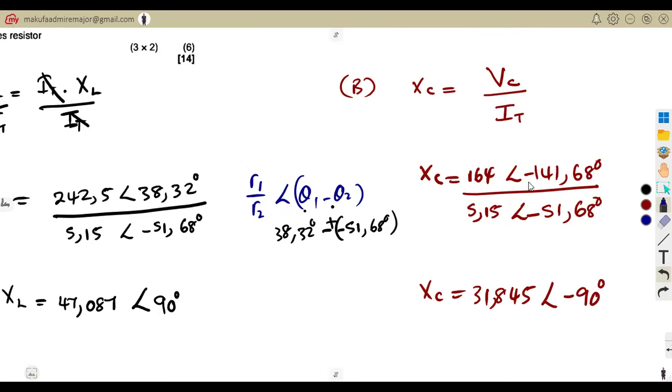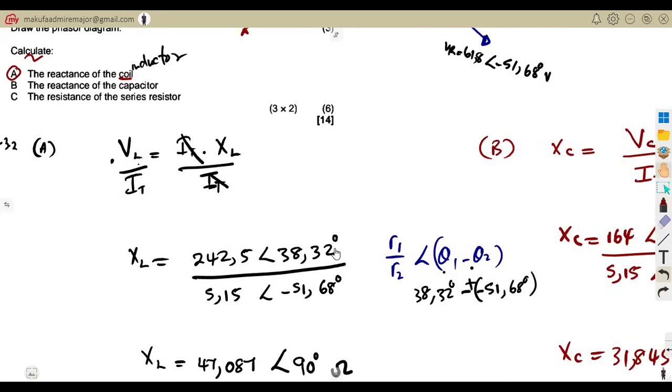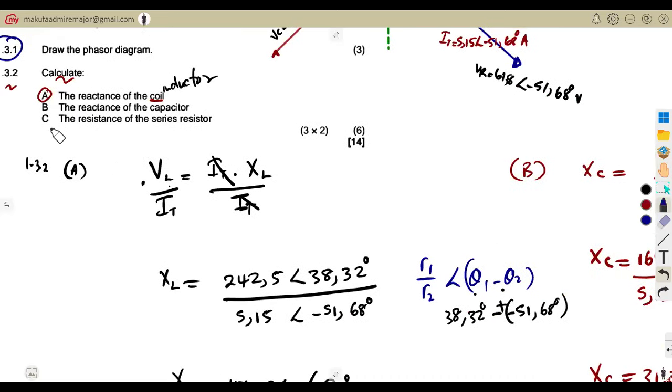So definitely that was going to give us a negative 90 degrees. So the first part, you calculated your reactance. That's our reactance in ohms, and also here, we have got our reactance.